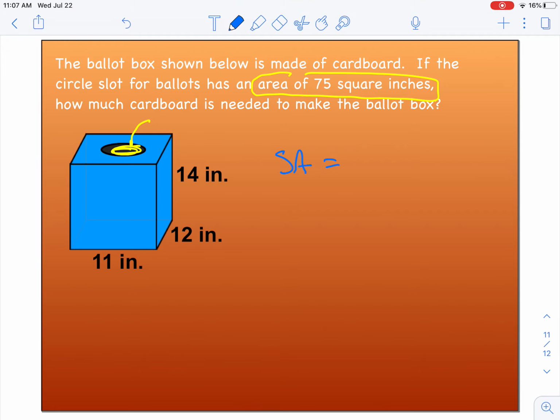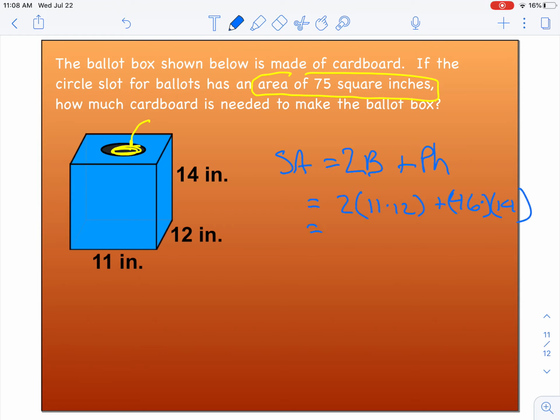So this is really not too challenging for us because we're going to find the surface area of the prism. And the surface area of the prism is the area of the base times 2 plus the perimeter of the base times the height. So my base area is 11 times 12, and the perimeter of my base is 46 times my height is 14.